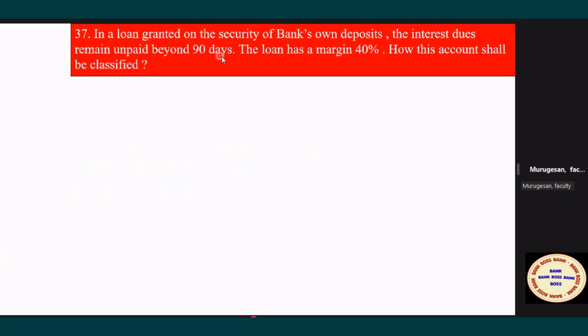Now another question. A loan granted. Now we have to come to provisions or classification, IRAC, income recognition. A loan granted on the security of a bank deposit, interest due, interest debited.